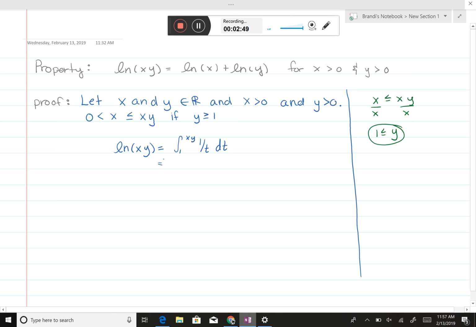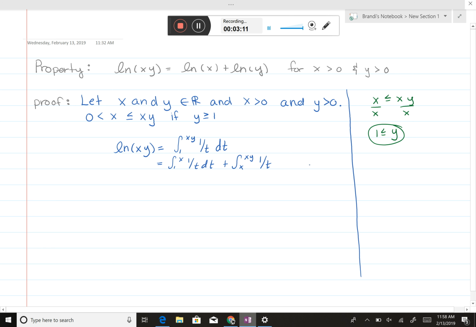I'm going to split on x because that will give me an ln of x right away. So this is equal to the integral from 1 to x of 1 over t dt, which is the definition of ln of x, plus the integral from x to xy of 1 over t dt.